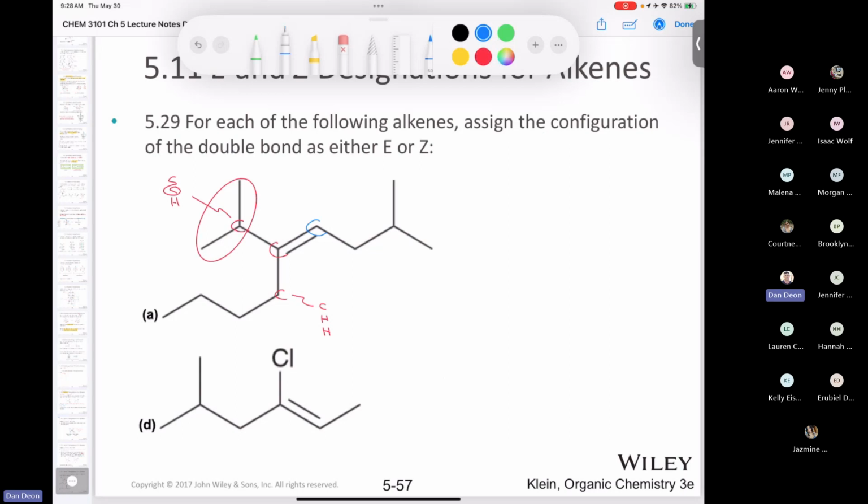Then if I go to the blue one, I have a hydrogen, and then I have an isobutyl group. Well, obviously an isobutyl group that's got a carbon on it is going to take precedence over the hydrogen. So could anybody tell me, based off of those two groups, which take the highest priority, would this be an E compound or a Z compound? And it's not a trick.